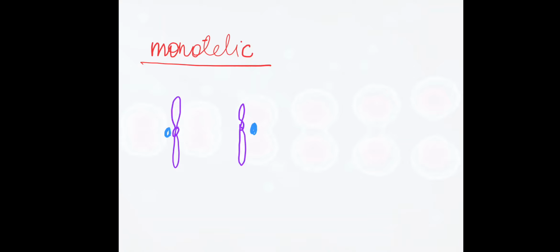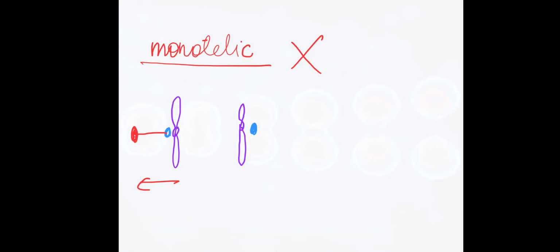Monotelic is where only one kinetochore is attached to the spindle apparatus, so only one kinetochore is anchored to the microtubule. Is this attachment correct? No, it is not correct.